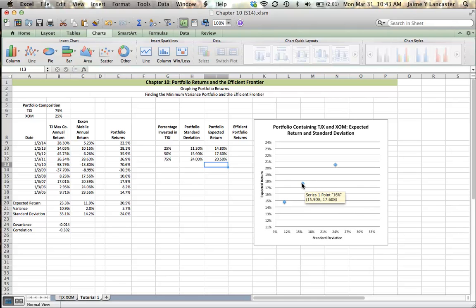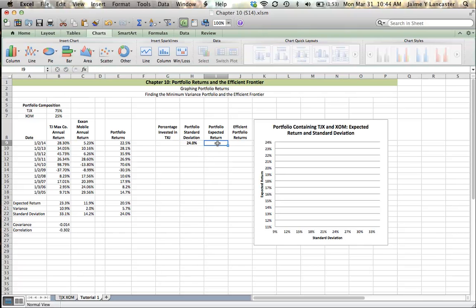So where I'm going to go from here is I'm going to clear this out. And instead of just looking at 3 portfolios, we're going to look at 10 combinations of portfolios. And we're going to use a data table to make this a lot easier for ourselves. So to start my data table, we're going to look at standard deviation. I've typed it in, you just can't tell yet.